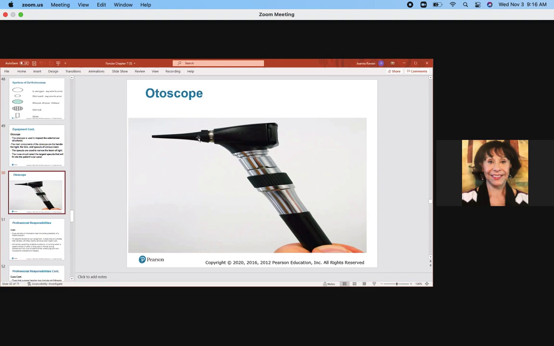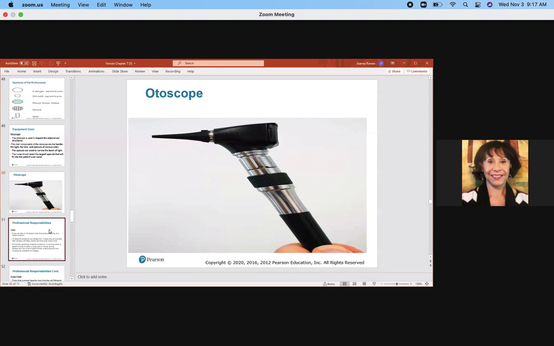So whenever you are going to inspect the ear, and this is used externally only, you will change it once you check the patient's ears. The otoscope sometimes is used to inspect the nose too, and for that you will have to use a very short specula.